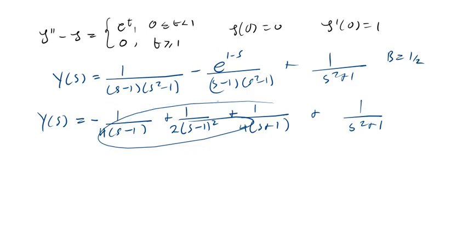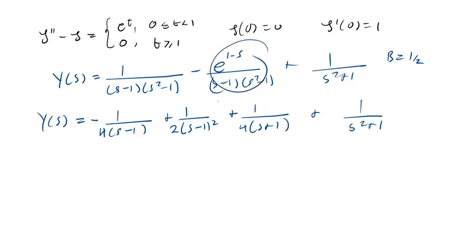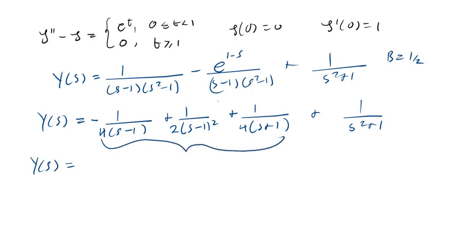So you also do the same for this one too, which is going to be y of s is equal to this one here the way it is, you can place it here, then plus this one again the way it is. When you decompose, when you try to separate this one, you just put it on the outside, then you decompose just the denominator, regardless of whatever the numerator is. You're just going to bring back your e to the 1 minus s.